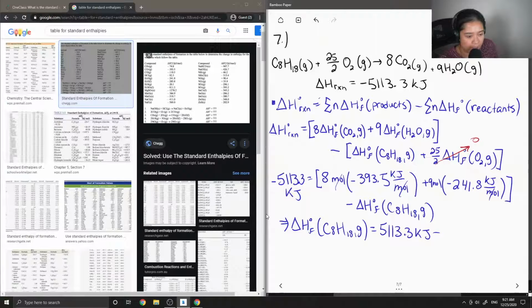So if you do the math, our moles will cancel out and we get 5,324.2 kilojoules. So now let's just subtract the two and you end up with negative 210.9 kilojoules.